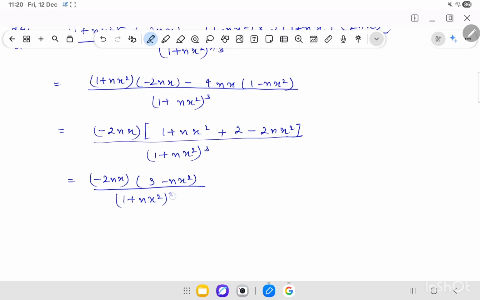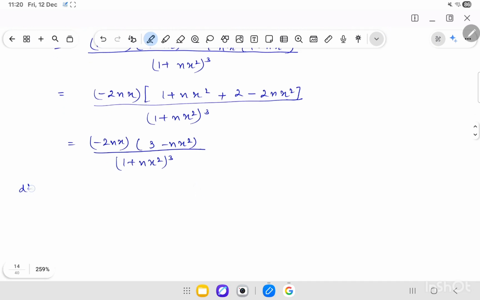Now if I evaluate d square y by dx square at x equal to 1 by square root of n, it will be equal to minus 2 square root of n times 3 minus 1, divided by 1 plus 1 cube, which will be equal to minus square root of n by 2, which is less than 0.